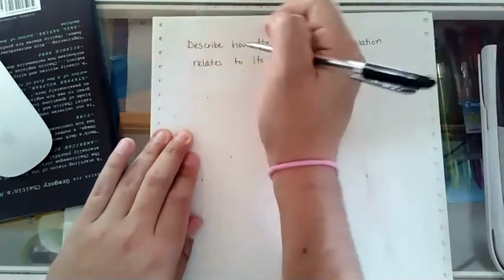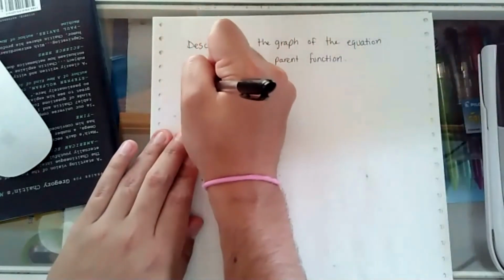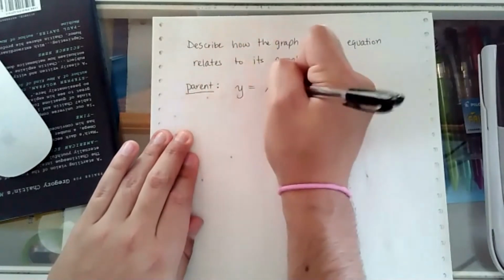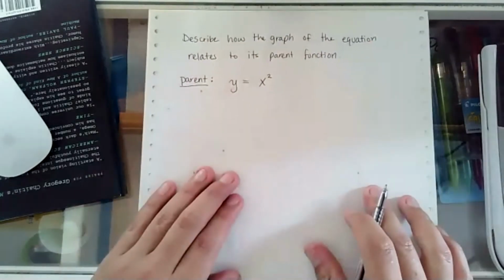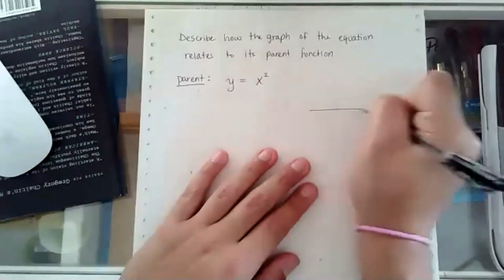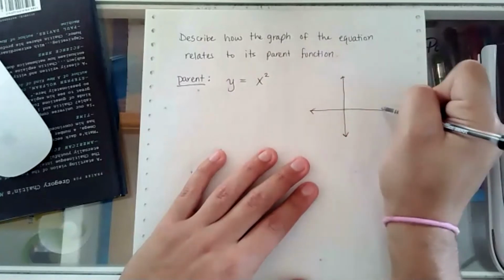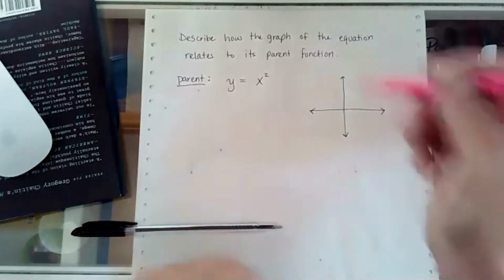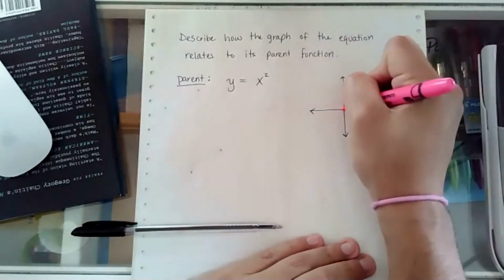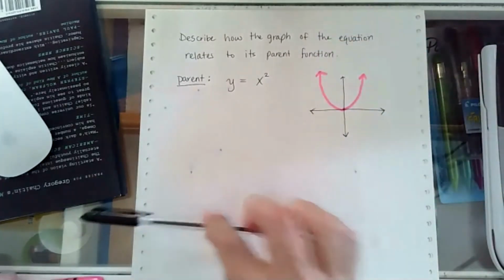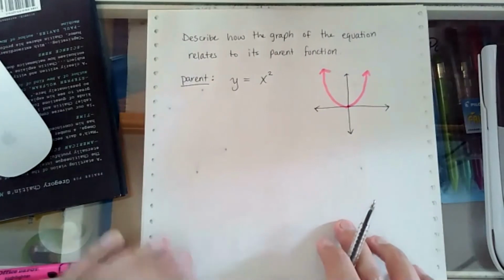And here the parent function we're going to use is y equals x squared, which is a quadratic. And we just graphed this one, so I'm just going to draw a brief sketch. Should look something like that. A little bit more symmetric than what I drew, but good enough for government work.